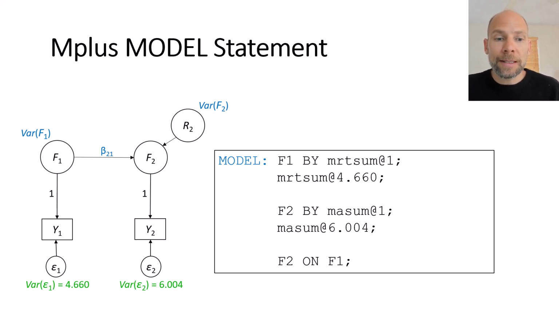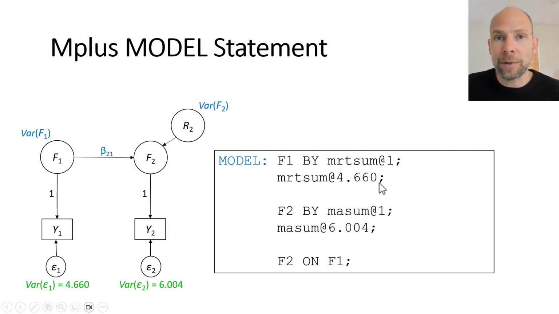And so you can see that I have my factor 1 set up with a BY statement, MRT sum. So that's the mental rotations test, a measure of spatial abilities. Here is the indicator, and it has a loading fixed at 1. It's a single indicator. And then MRT sum, its error variance is fixed at 4.660.